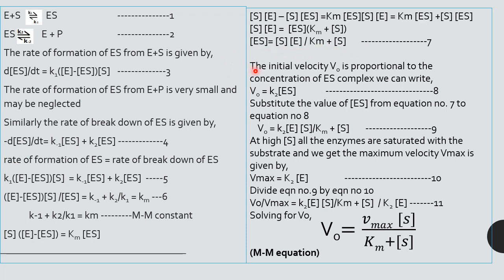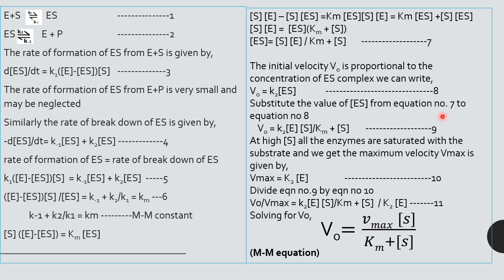Since the initial velocity V0 of an enzymatic reaction is proportional to the concentration of enzyme substrate complex, we can write V0 is equal to K2 into enzyme substrate complex concentration, that is equation 8. We can now substitute for the term enzyme substrate concentration in equation number 8 its value from equation 7.